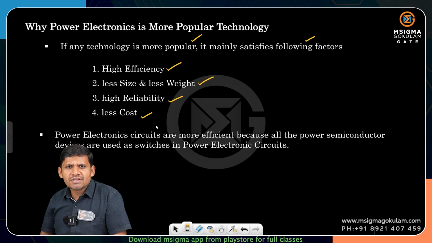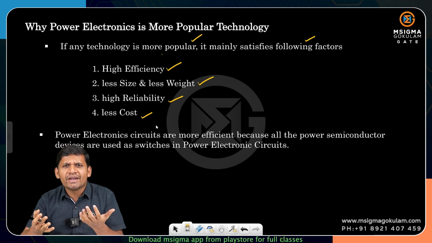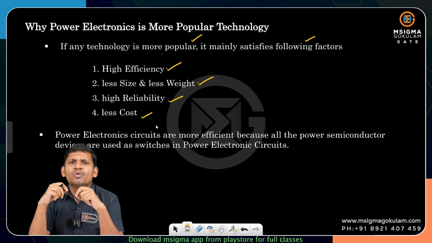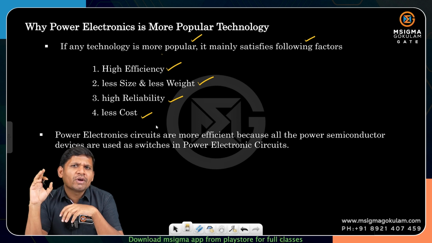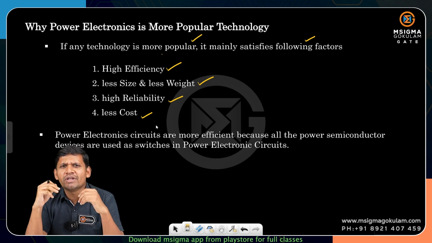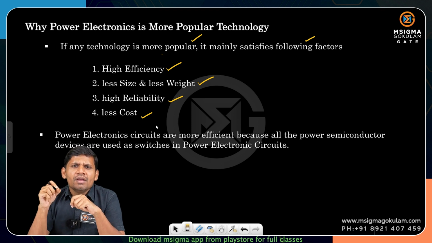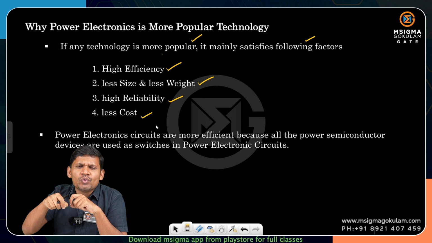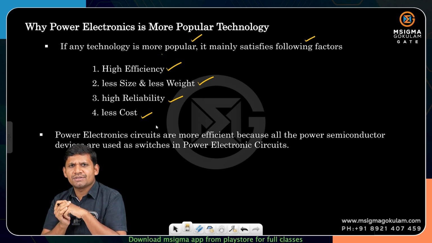Again, the question will arise. Sir, how to say that power electronics satisfies all these factors? Very simple. Students, point to remember. In total power electronic circuits, you take any power electronic circuit: chopper, inverter, AC voltage controller, cycloconverter, rectifier, any power electronic circuit you can take. In all these power electronic circuits, we are using power semiconductor devices as switches.